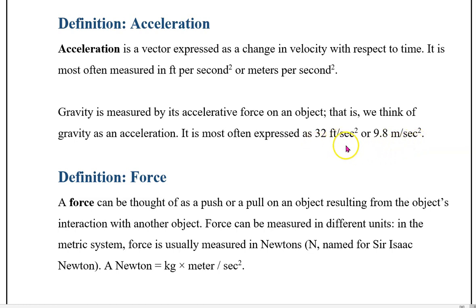What does this mean? 32 feet per second squared means that the first second you fall 32 feet in that 1 second. In the second second, you fall an additional 32 feet per second faster, or 64 feet per second. In the third second, you fall even 32 feet per second faster than in the first two, or 96. For each second of fall, you fall an additional 32 feet per second faster than you did in the previous time period.